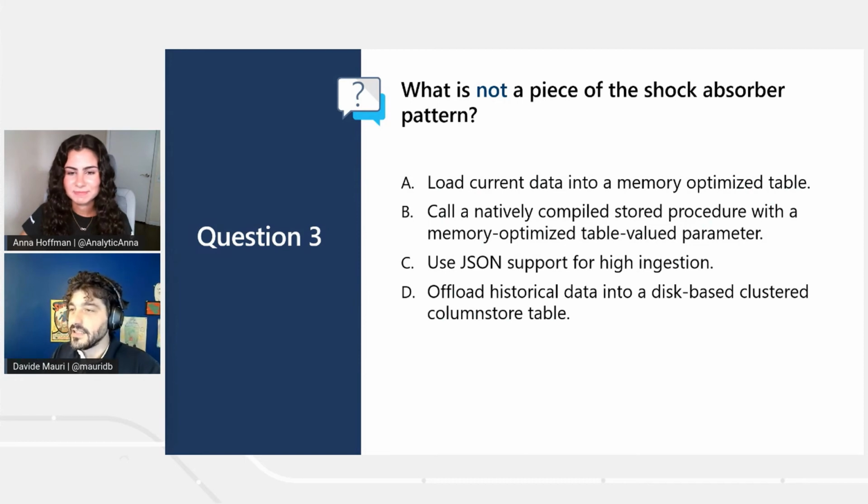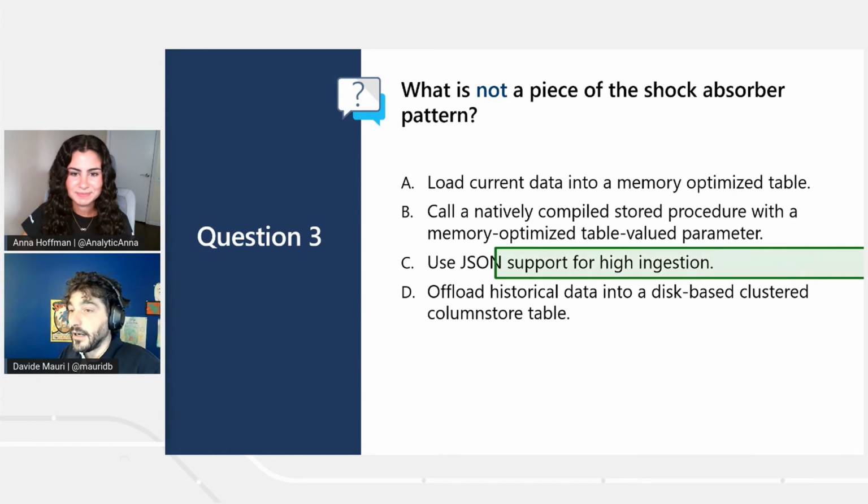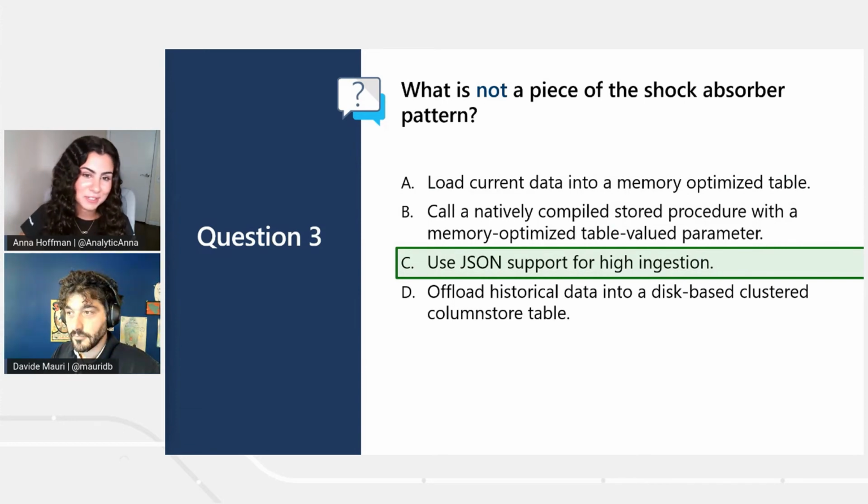Instead of it is the memory optimized table. And offload historical data into a disk-based clustered columnstore index. I mean, yeah, also in the slide it was there. So I would say C is probably the part that is not part, in the sense that it's not mandatory. If you want, you can, but it's not that you have to. Awesome. Yeah. And it looks like most of our viewers got that. So nice work.